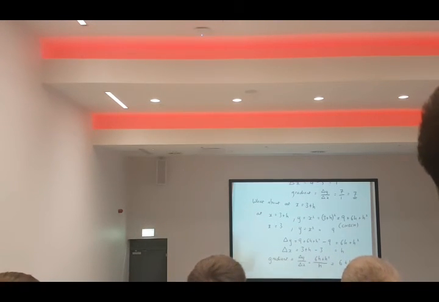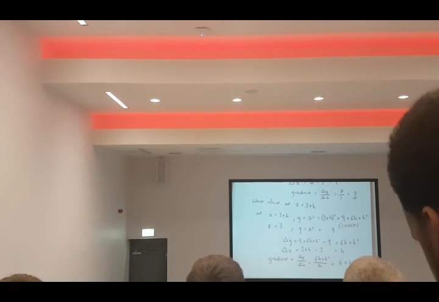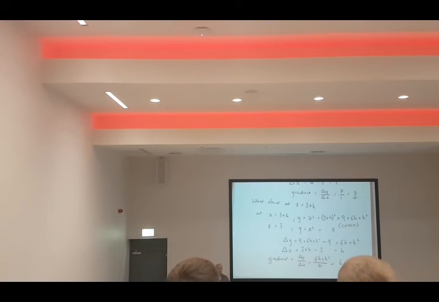And then we'd say, what happens to this gradient as h gets smaller and smaller and tends to 0, as we make those two points get closer and closer? Well, this h here will fade away, disappear, and leave us with 6. So the answer is 6.